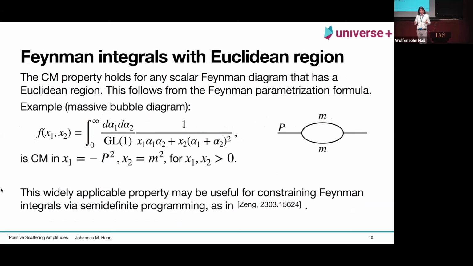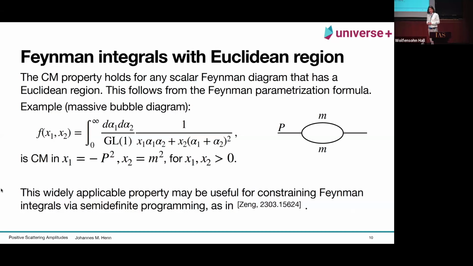It turns out that any scalar Feynman integral that has a Euclidean region, again, has this property. Here's an example. Let's just take this bubble integral. It has this Feynman representation. What's key is that since it's a scalar Feynman integral, we don't have any non-trivial numerator here. And so the denominator is a non-negative function.